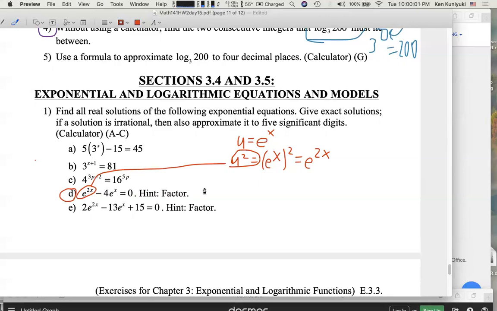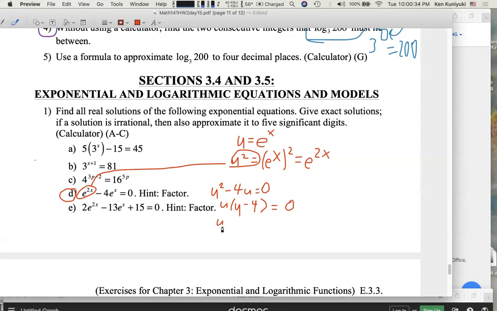Because when you do the substitution, you get u squared minus 4u equals 0. You can factor. All right.